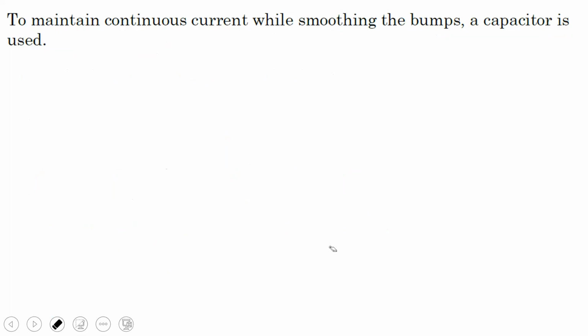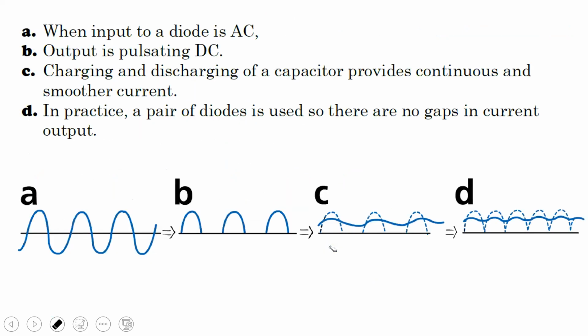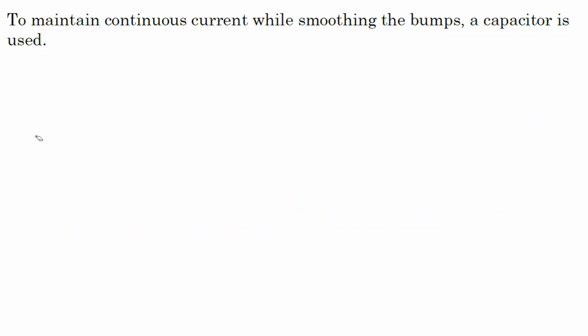So first of all, we have the transformer. Here we have an AC, which is an alternating current.